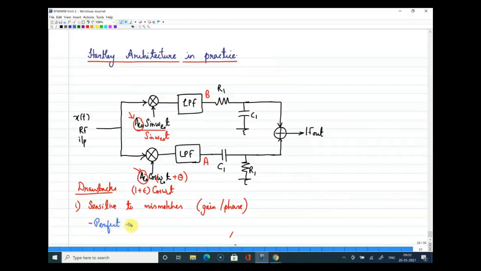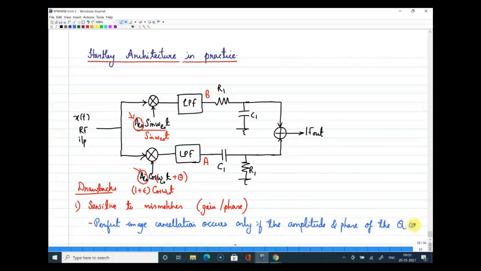Perfect image cancellation will happen only if the amplitude and phase of the quadrature component, the Q component of the image, matches with the I component.